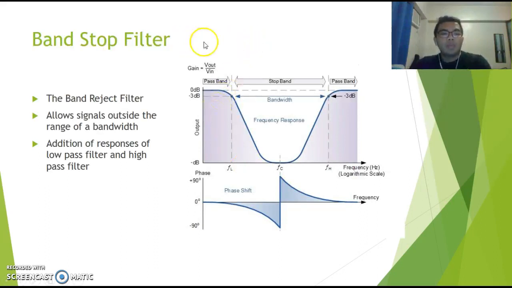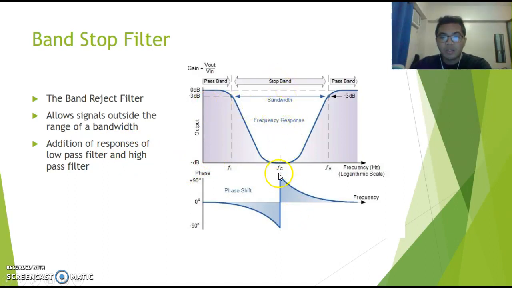Moving on, band-stop filter, also known as the band reject filter. It is the complete opposite of a band-pass filter. It allows signals outside the range of a bandwidth. This is attained by the addition of the responses of a low-pass filter and a high-pass filter.